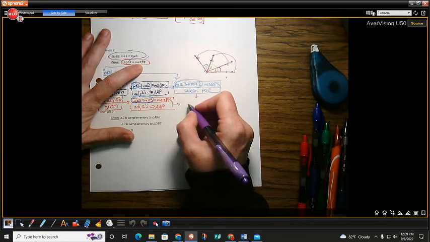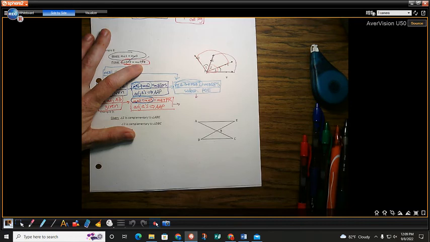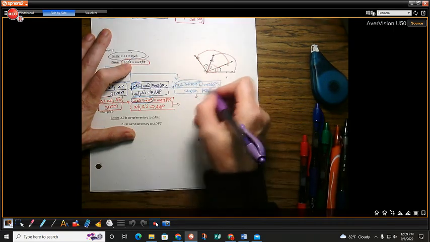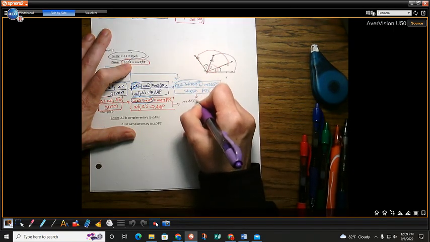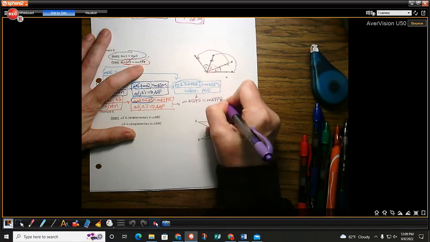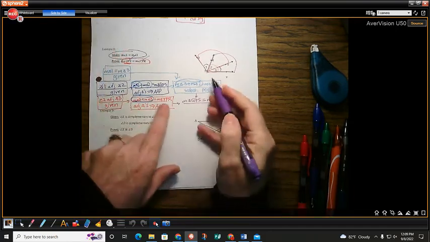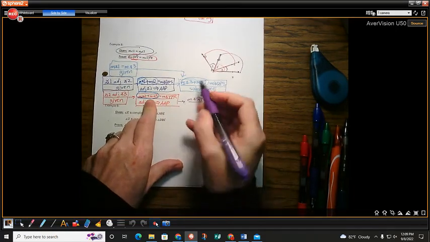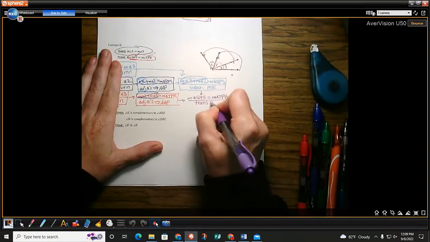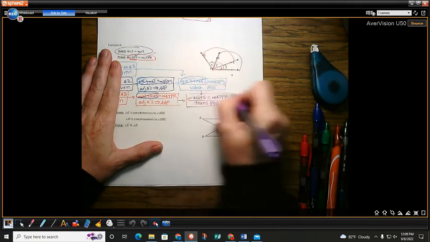No. I could, but if I had it written first, I'd have to take a whole separate step to flip it back around. And so to save myself a step, I'm going to write it the way it's written when it's asking for it. So I'm going to start with my measure of angle QPS and say it's equal to the measure of angle TPR. And that is transitive because I had two things equal to the same thing. I took out the same thing and now they're equal to each other. And it will be a property of equality.